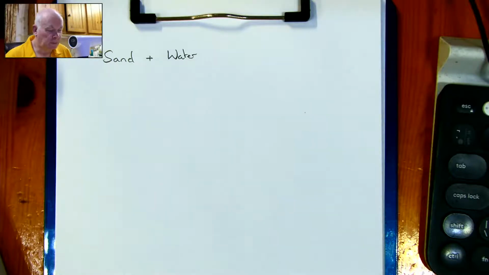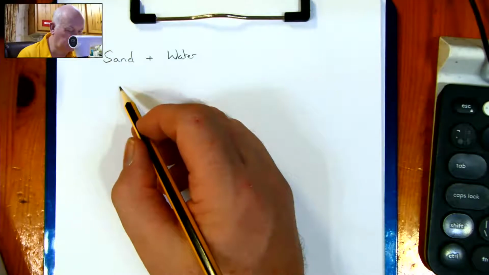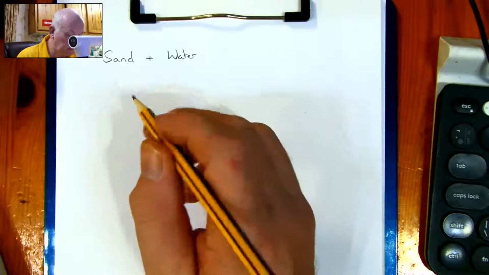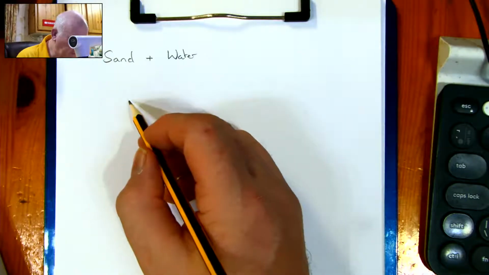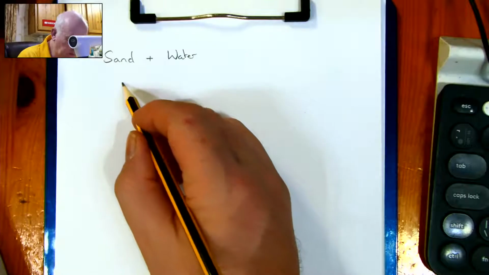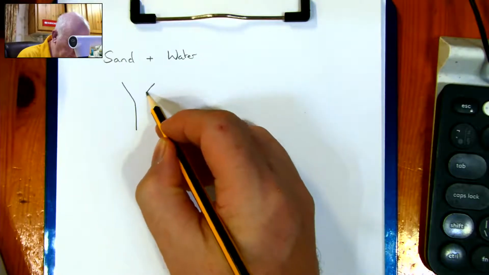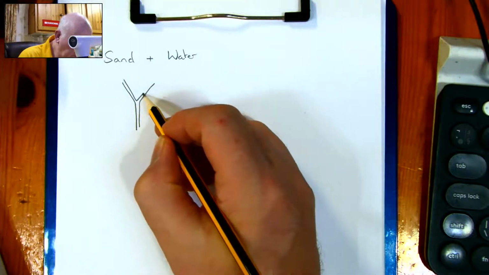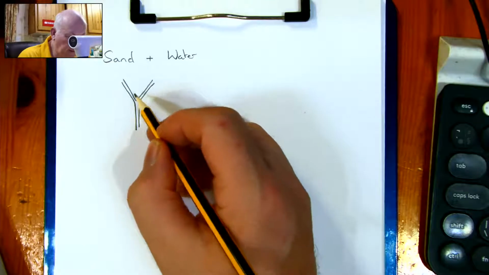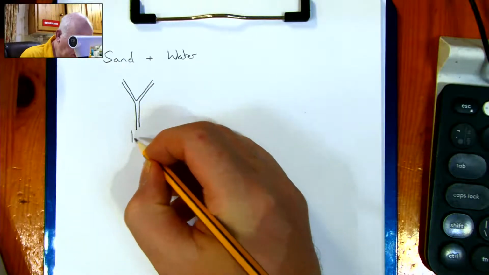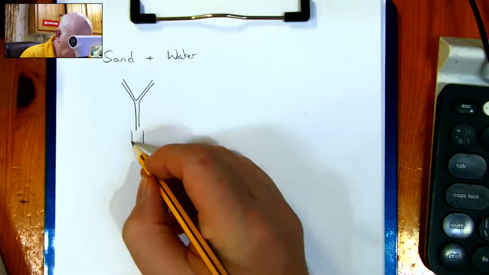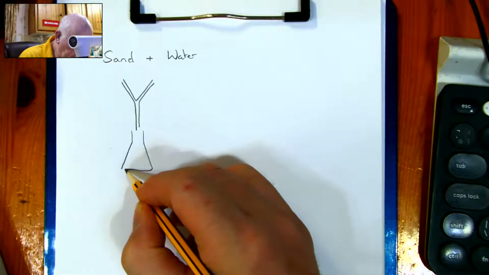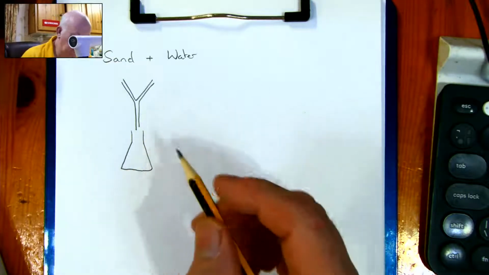But the chemical way that we're going to try to separate these is to use a funnel and a piece of filter paper. The way of separating these is really quite easy. We have our filter funnel, and we fold up a piece of filter paper and put that into the funnel. It usually makes sense to draw in some sort of container to collect everything in, so I've done a conical flask here.